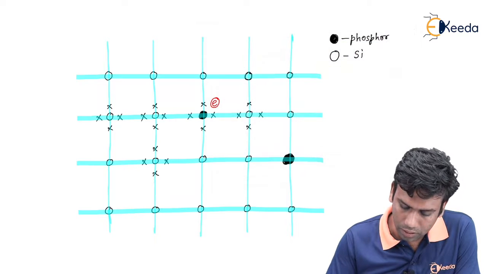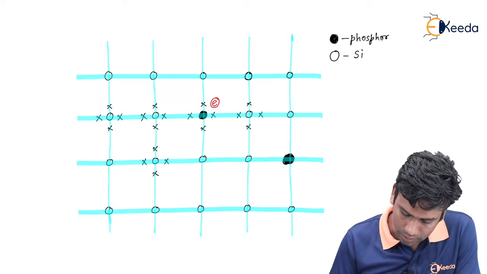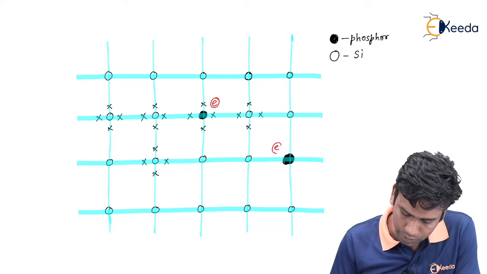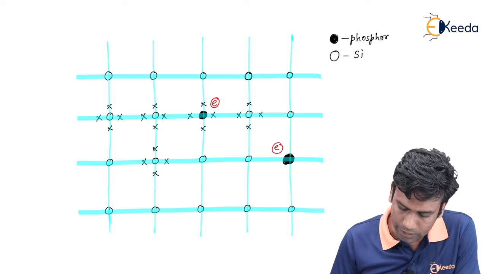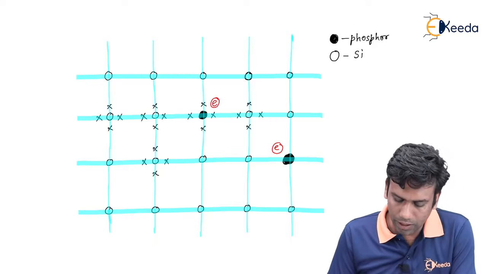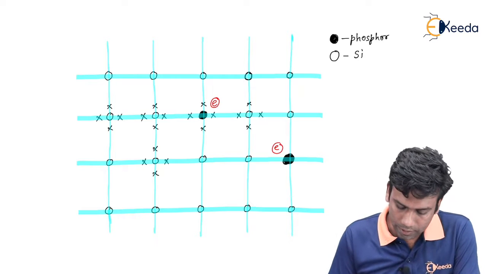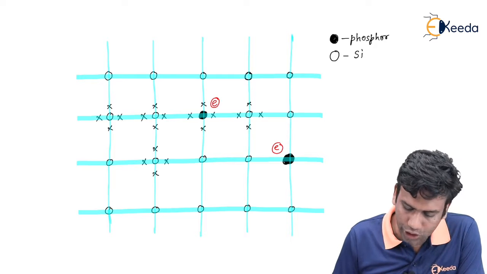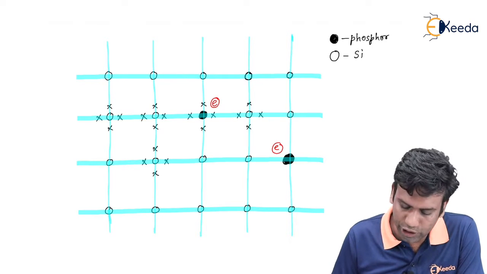Let us draw that free electron, so this will be the free electron contributed by this phosphorus atom. Now let us apply some external potential to this material.